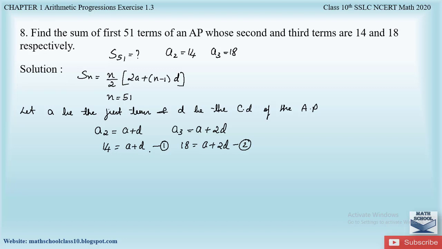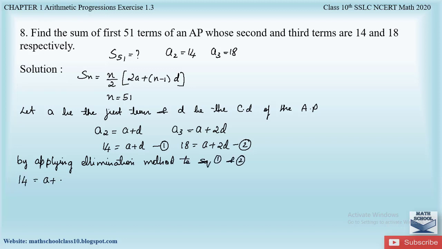Now we will use equations 1 and 2, and we will use the elimination method to find out the a and d values. So by applying the elimination method to equations 1 and 2, we have 14 is equal to a plus d and 18 is equal to a plus 2d. Here we can notice that the coefficient of a is 1, so let us change the signs first.